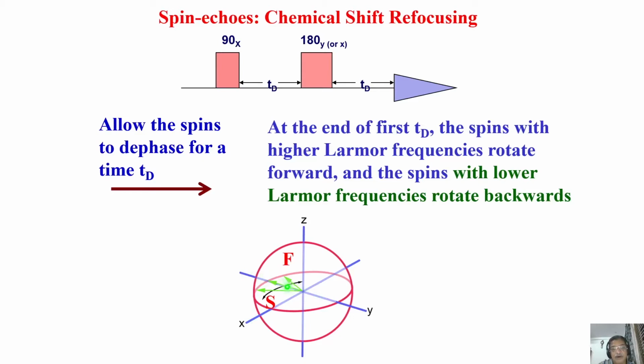The vectors in this direction start moving like this, and the vectors here start moving like this. This is called the fast moving component. This is called the slow moving component. So with respect to this, I call this omega naught. The spins with a higher Larmor frequency move faster. Spins with a lower Larmor frequency move slower. That's what we understood in the rotating frame of reference. This is omega naught. These are all different Larmor frequencies. So this is moving with the higher frequency, this with the lower frequency; this is the faster component, this is the slower component.